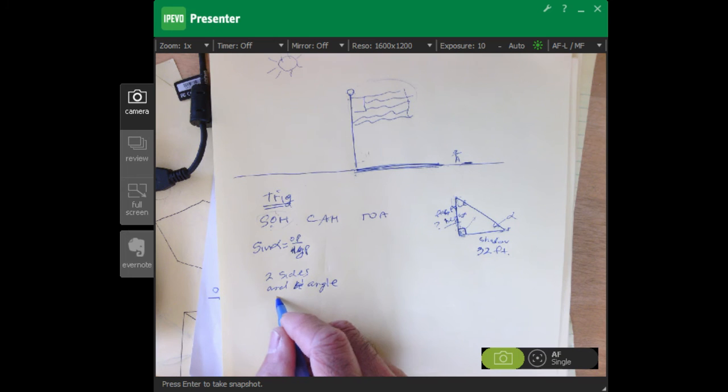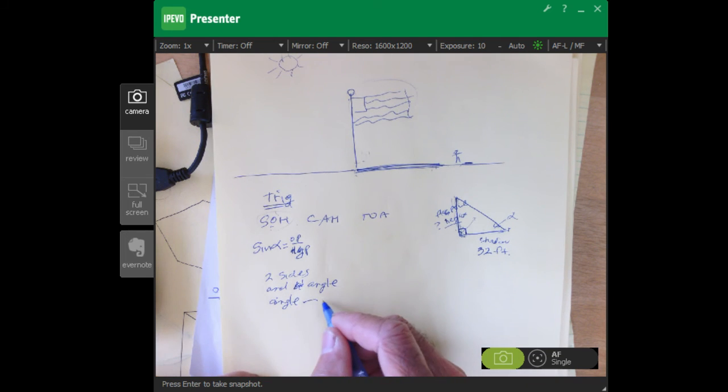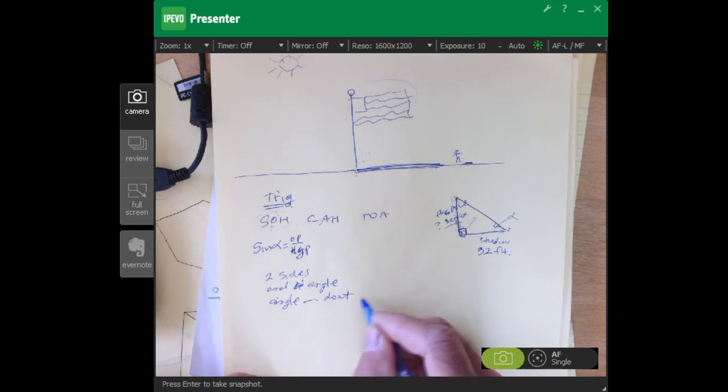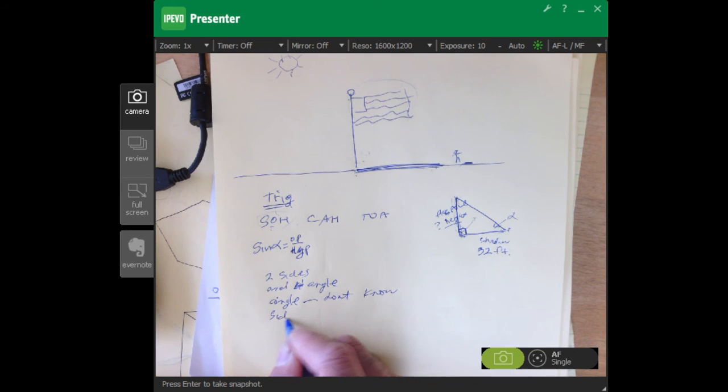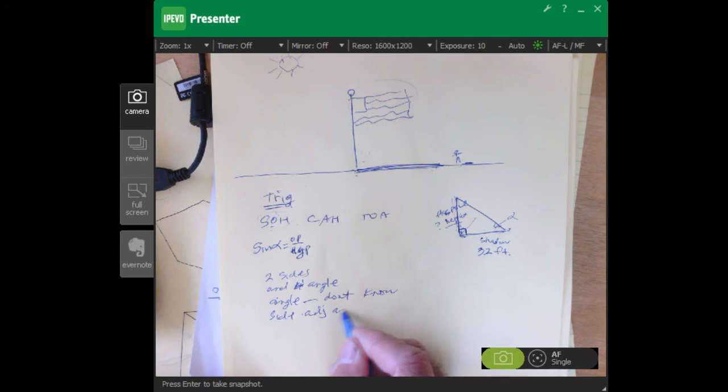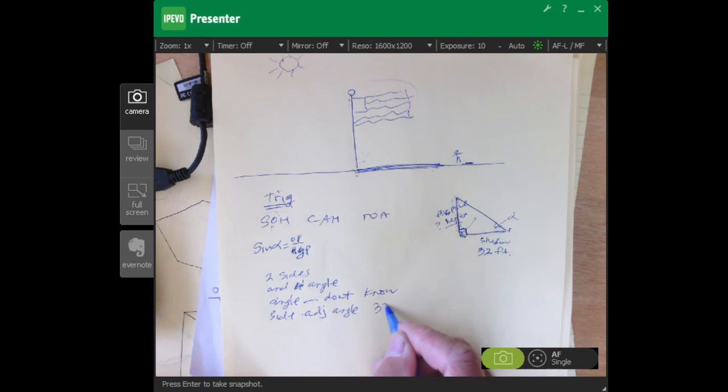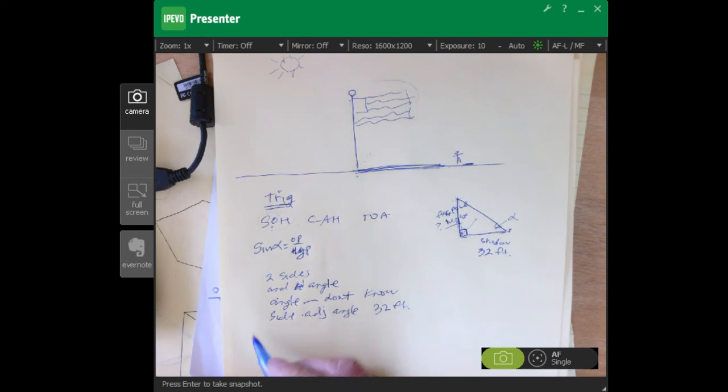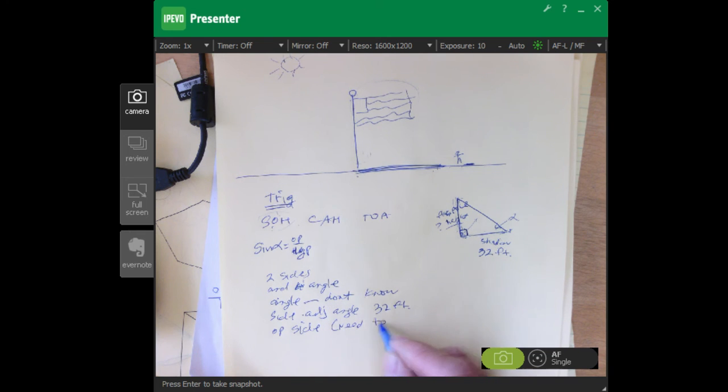Okay, so we have an angle, but we have a problem. Right now, we don't know it. Okay, we have a side. It's the adjacent side, 32 feet. And then the opposite side, we need to find.